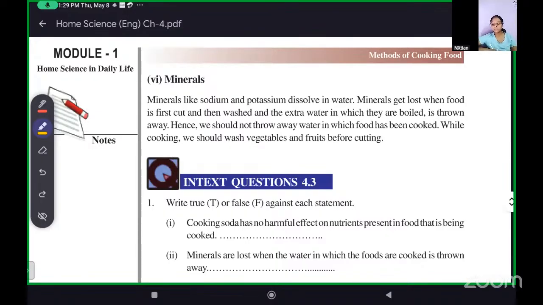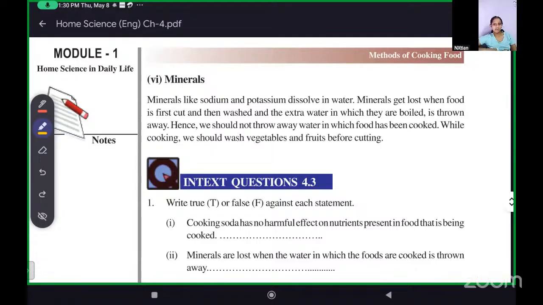While cooking, we should wash vegetables and fruits before cutting. So the right method is that first we wash them, and then we cut them and then we boil them. Or people do it in a different way also. First they wash them, then they boil them, and then they cut them.